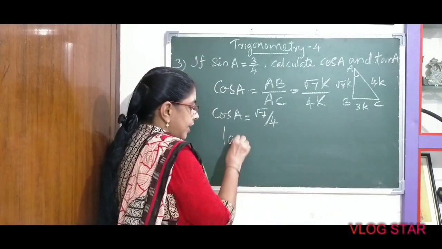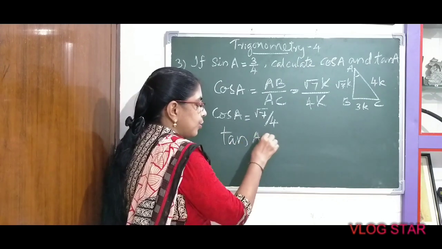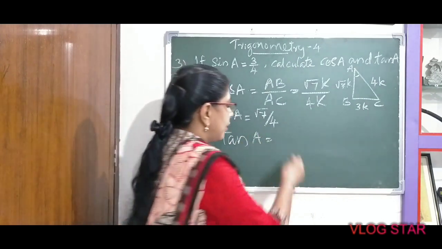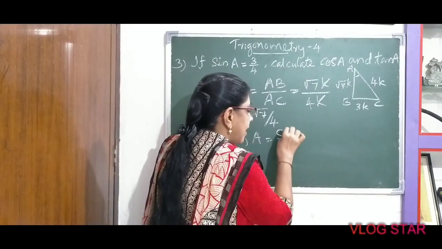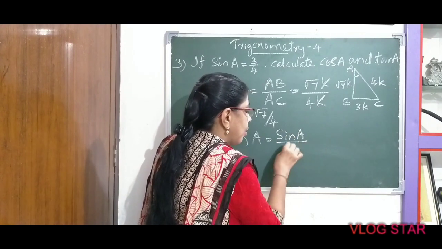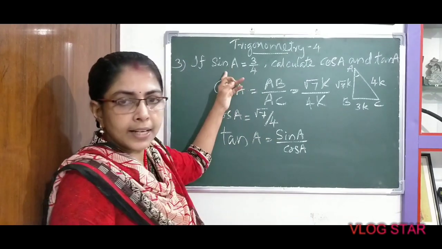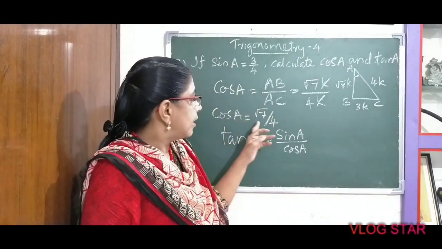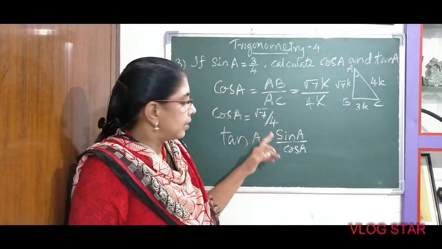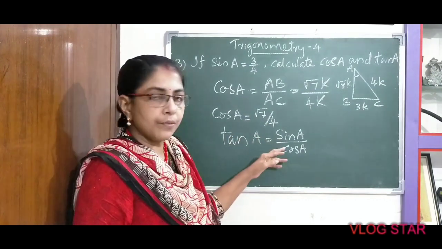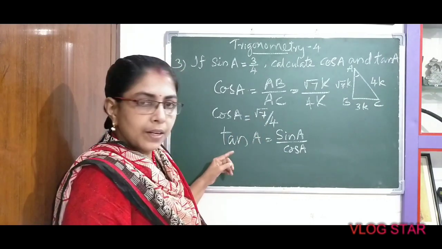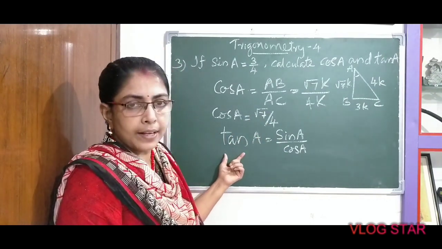We know that tan A is equal to sin A upon cos A, because the value of sin A is given and cos A is root 7 by 4.